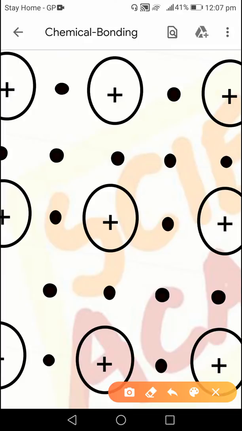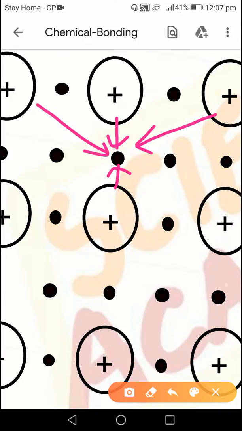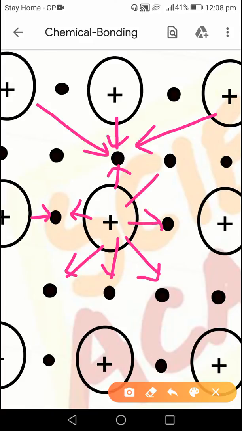This electron would attract this ion, this ion, that ion, and then this ion. Similarly, all the electrons present everywhere continue attracting the metal ions.